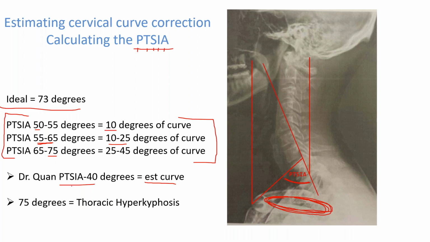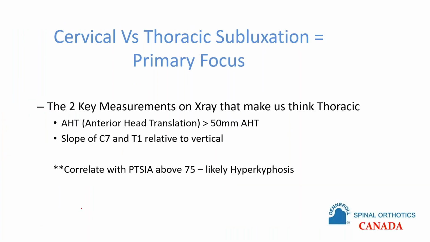So this is a very good estimate as of right now to measure how much curve is possible for a patient. If the pizza angle is above 75 degrees, we're thinking thoracic hyperkyphosis, right? And if that pizza angle is above 75 degrees, we're going to be looking at these two measurements, large anterior head translation and the slope of C7 and T1 relative to vertical, right?